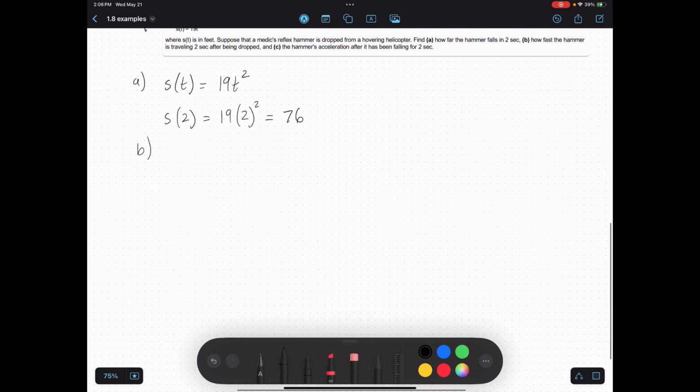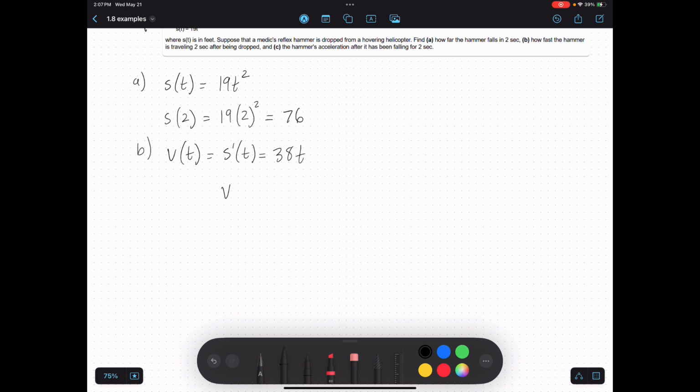Part B. Part B is asking how fast is the hammer traveling 2 seconds after being dropped. Well, what does that sound like? That sounds like velocity. So I need to know about my velocity for this part of the question. Well, what's velocity? Velocity is the derivative of your position. So I need to find the derivative of my position function, which is just 38t. How fast is it traveling after 2 seconds, or traveling 2 seconds after being dropped?